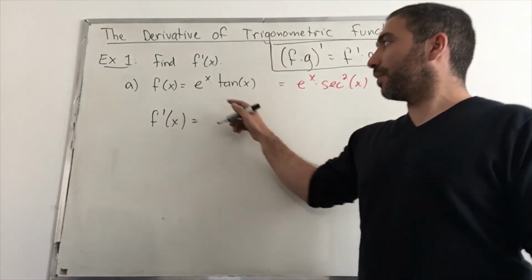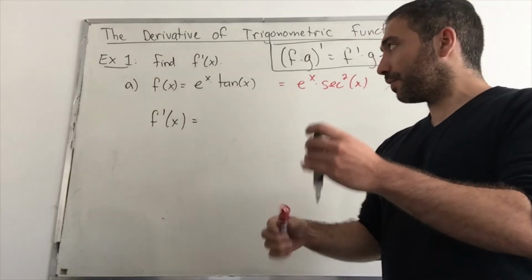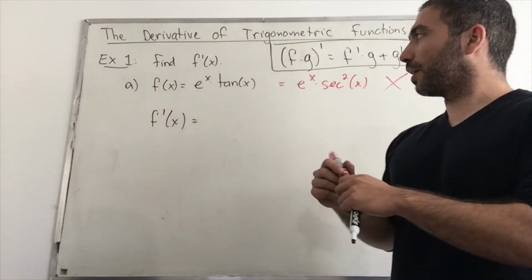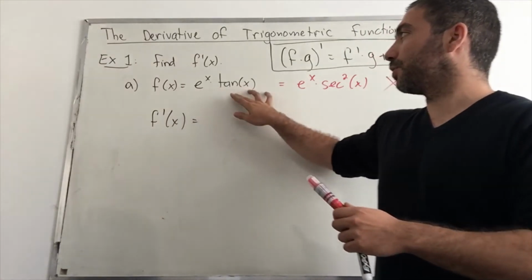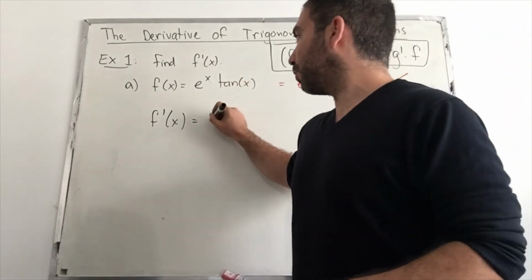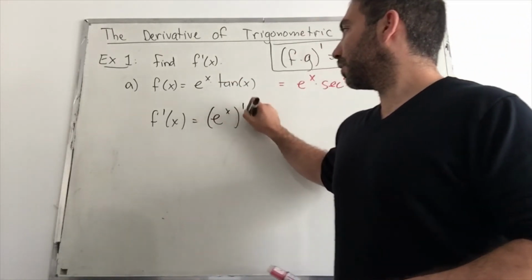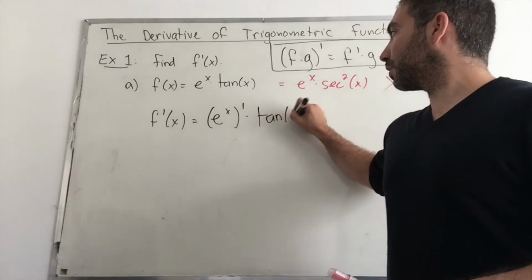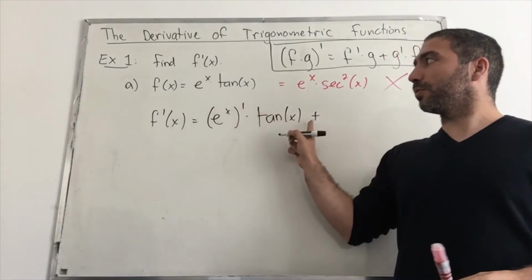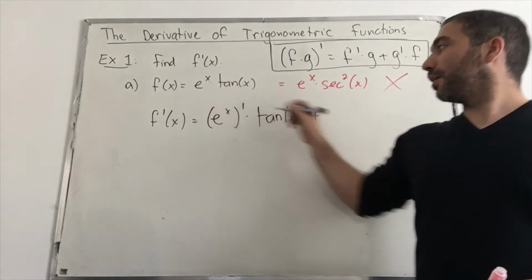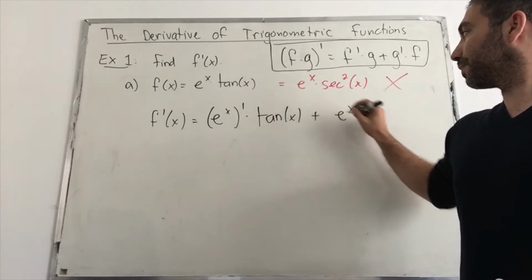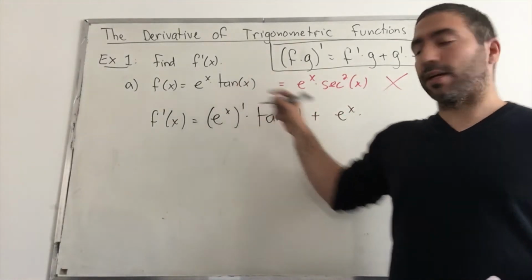So the derivative of this, if e to the x is our first function, and then this would be the second function. We're going to do the derivative of e to the x times tan of x plus, because it's product rule, we're using a plus, e to the x now we leave, and we multiply by the derivative of tan of x.